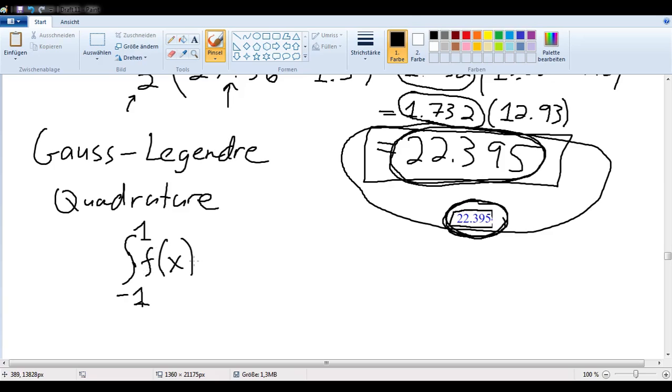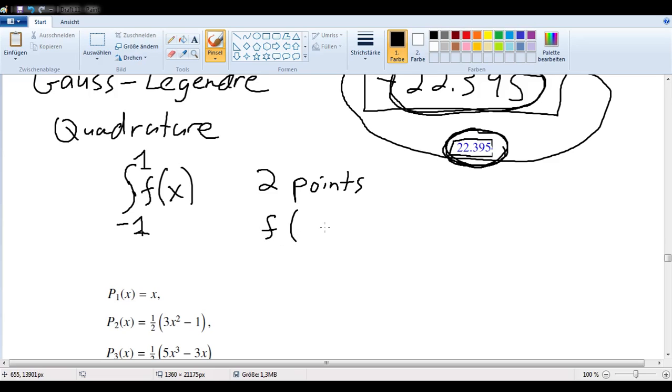And we ended up solving a system of linear equations to determine, for the case that we knew 2 points, that we needed to know the values of f at -1 over the square root of 3 and f at 1 over the square root of 3.